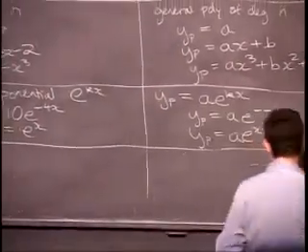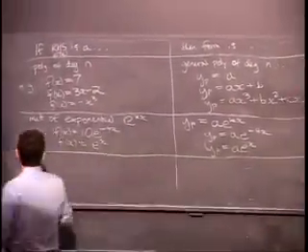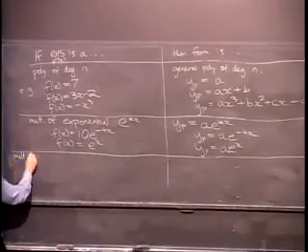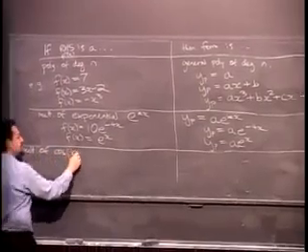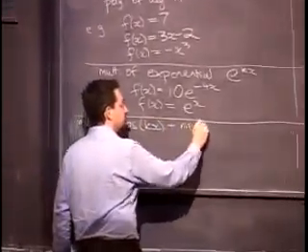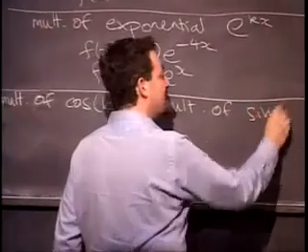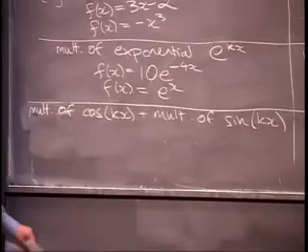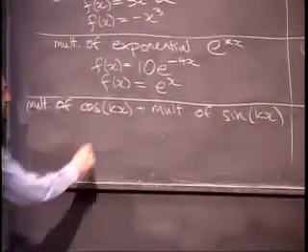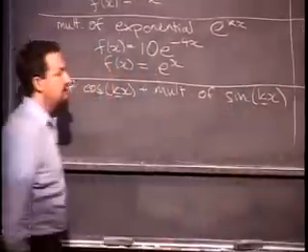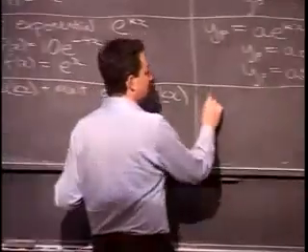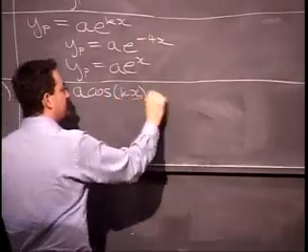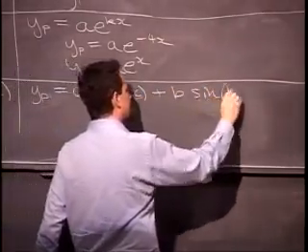So we've already seen an example of this particular row of the table. All right, there's a few other types. What if you end up with a multiple of cosine kx plus a multiple of sine of kx? And maybe it's just cosine by itself, or maybe it's sine, or maybe it's some combination, but with the same number here. Well then, the guess that you make is also a general multiple, a cosine kx plus b sine kx.